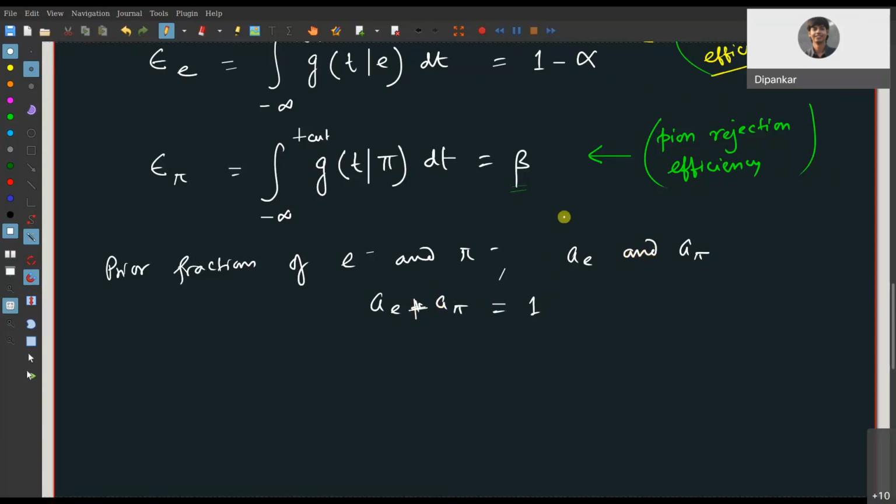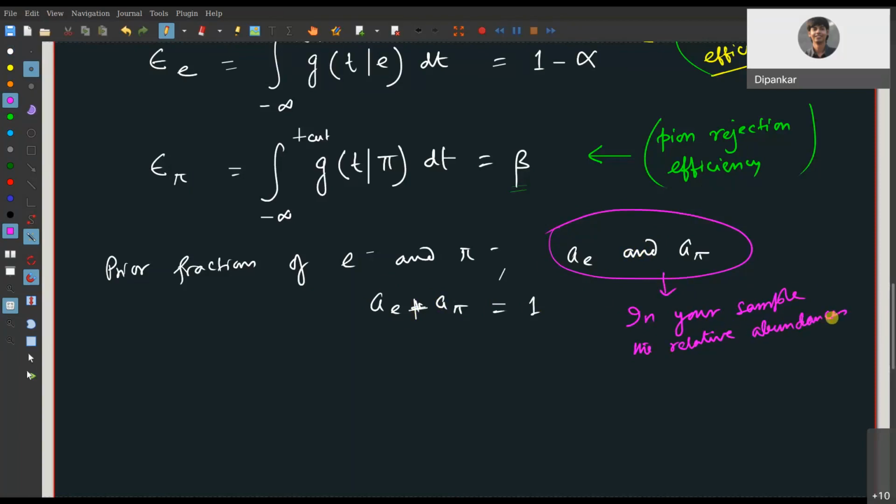So you are working with a sample where the relative abundances of pion and electron are known a priori, if it is, let's say, cosmic rays. So in your sample, the relative abundances of E and pi are known.